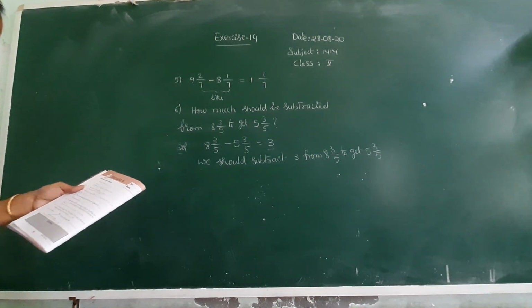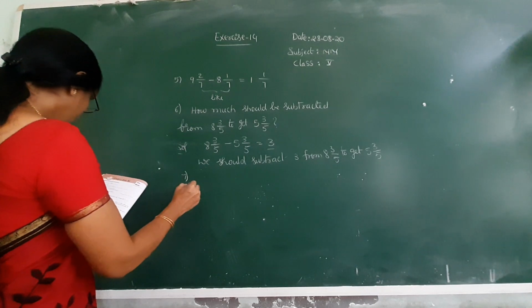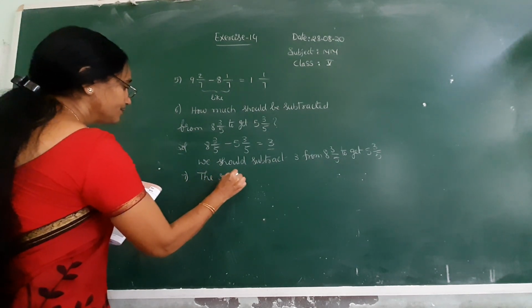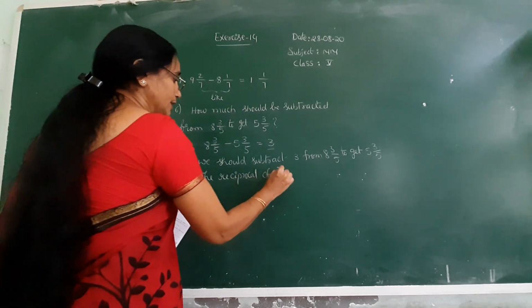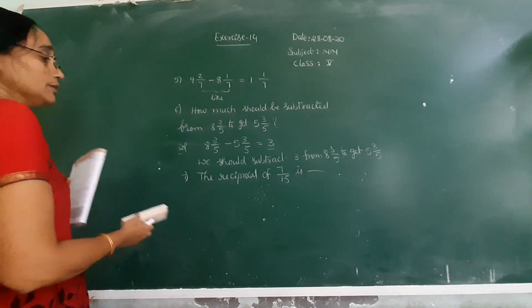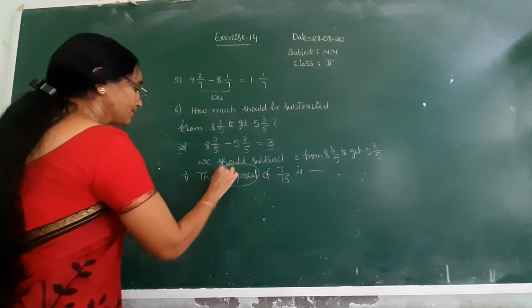Go for the next problem. Seventh problem. They are asking to write the reciprocal of 7 by 15. Okay, first we have to learn the meaning of reciprocal.